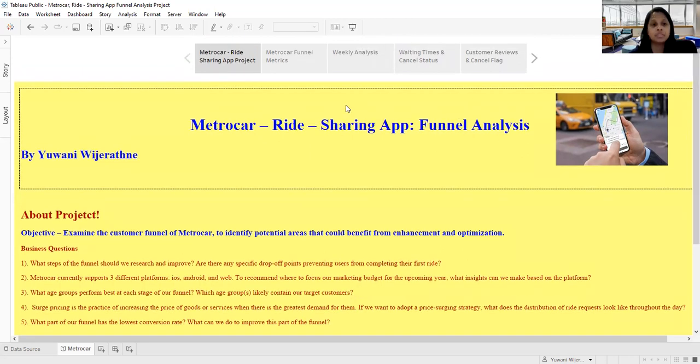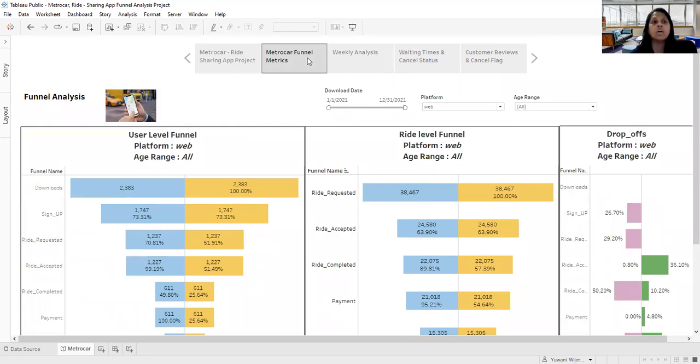So the first business question is: what step of the funnel should we research and improve? Are there any specific drop-off points? To analyze that business question, we had to design two granularities according to user level and ride level.